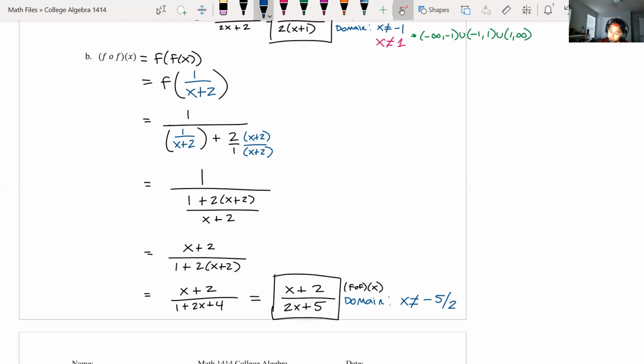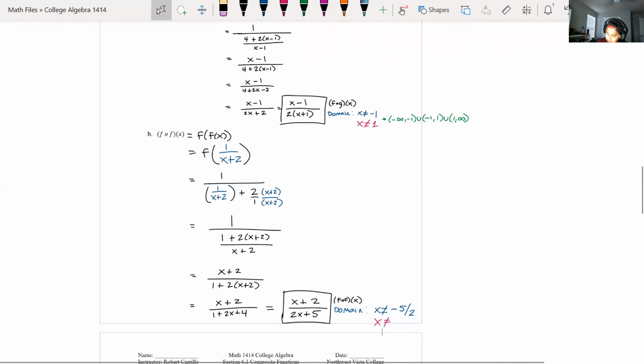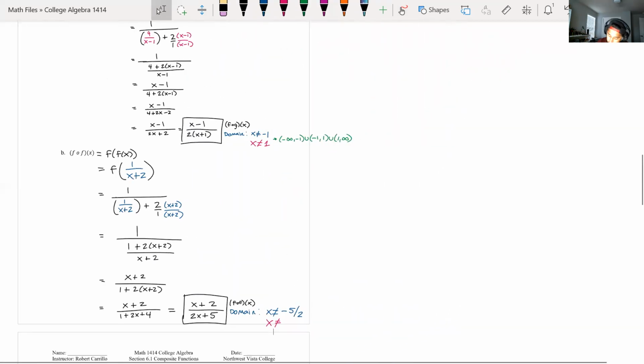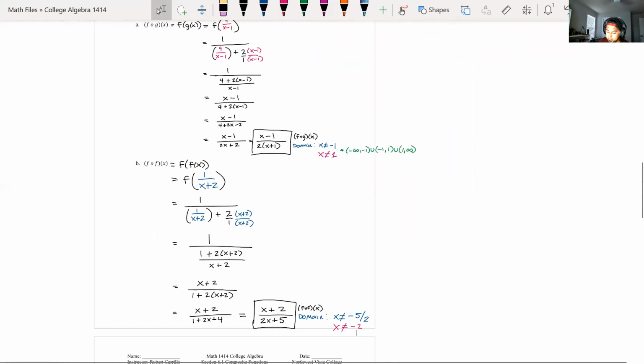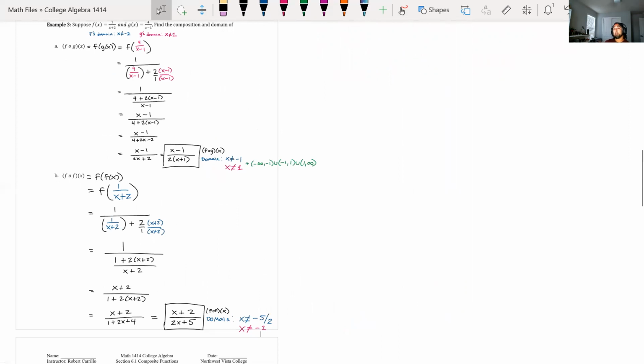What was the domain of function f? Not -2. Good. Not -2. And there you go. That is more practice on compositions, especially with fractions. Yeehaw. All right. Any questions on that page?